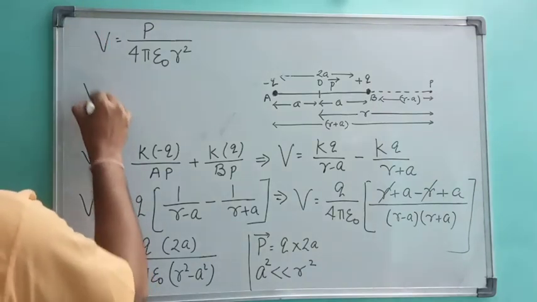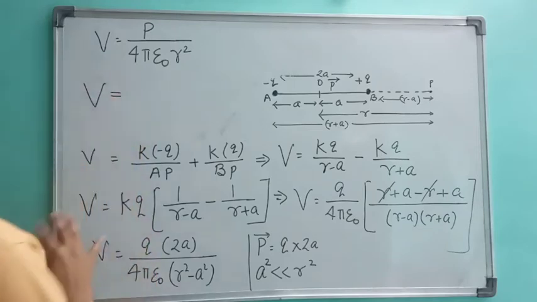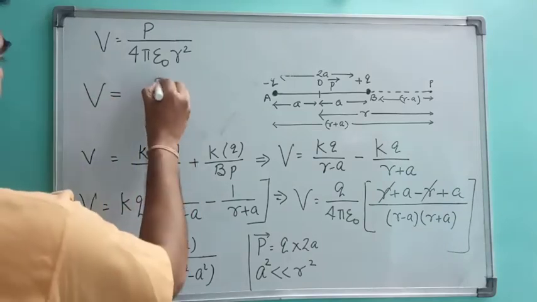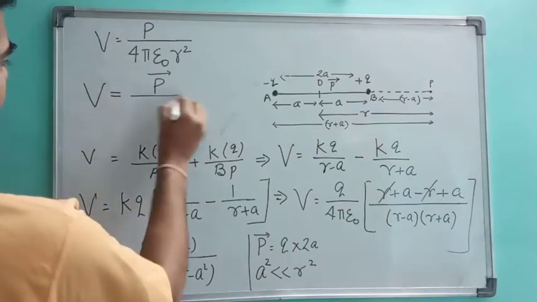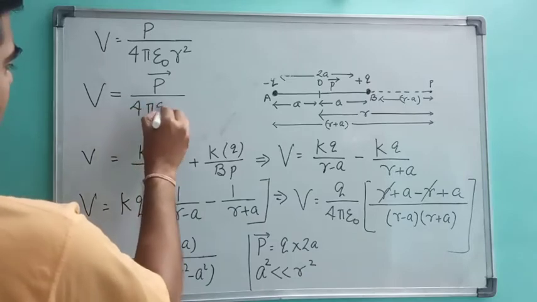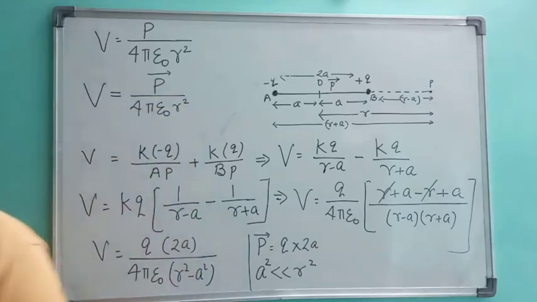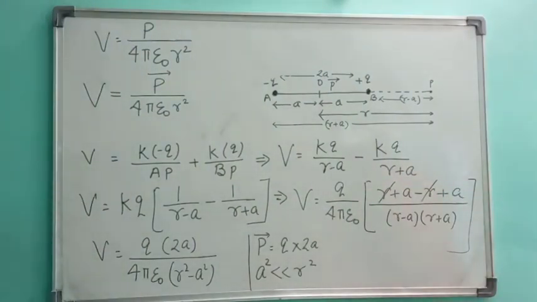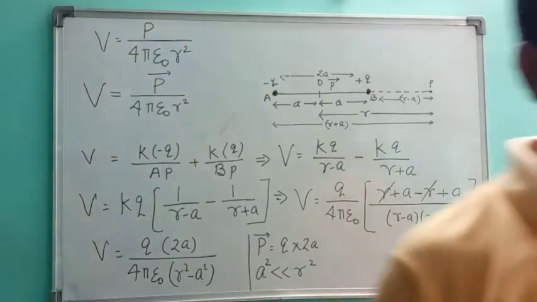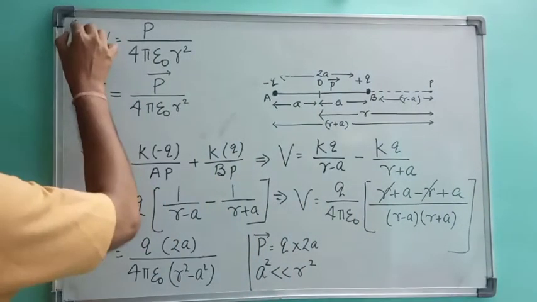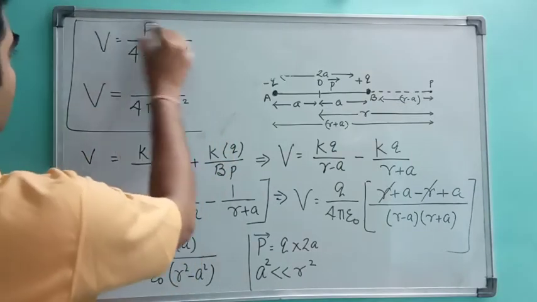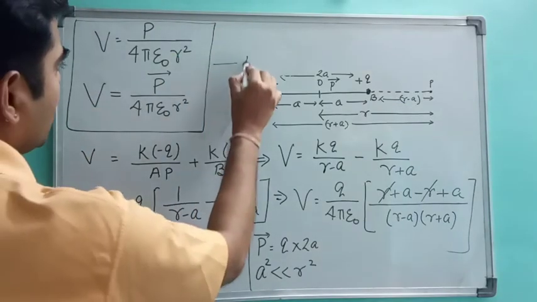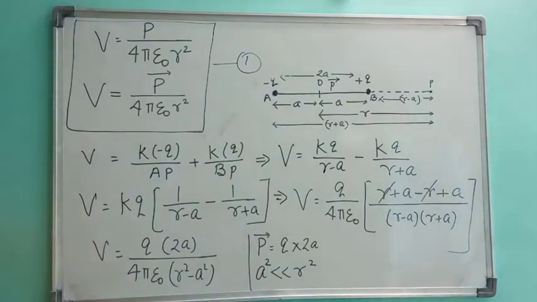Now in vector form, V is a scalar quantity and p is a vector, so V is equal to p dot r-hat upon 4 pi epsilon naught r square. Write down. Make a box around this, the first equation is found.